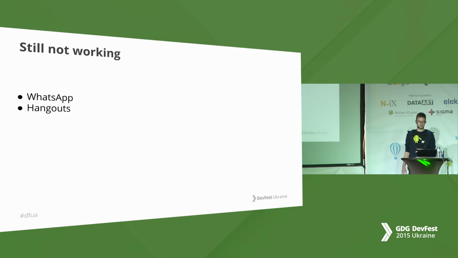And the presented solution doesn't work with WhatsApp and Hangouts. At least I couldn't make it work with those two apps. The guys from Pushbullet succeeded on that, so it's for sure possible. And the code for that sample app that allows you to respond to Facebook Messenger, for example, or Telegram, or some other messaging apps out there, is on GitHub. So if you have maybe an idea how we can get it working, I would be more than glad to see your pull request on that.